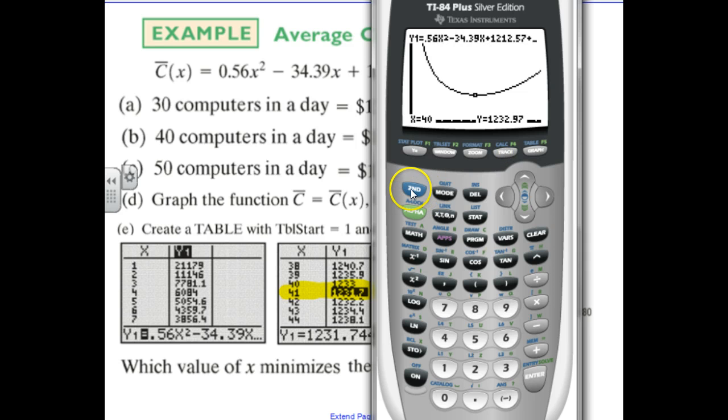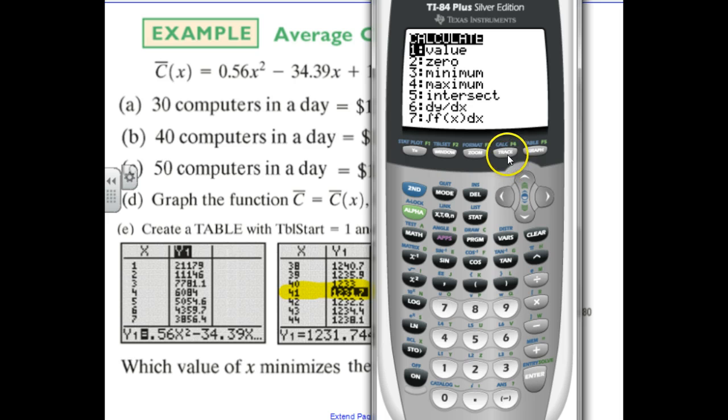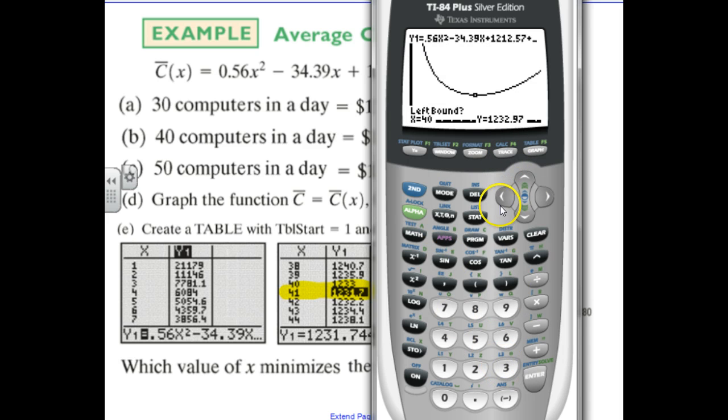But that's not my recommendation. To find the minimum, my recommendation would be hit second trace. It's a calculate key. We're going to calculate the minimum, so I'm going to hit number 3. I'm going to guess to the left, which I know 10 is to the left. That's my left bound. I knew that 40 was the minimum, so I'll guess 60 for a right bound. You'll see the left bound here, this arrow.